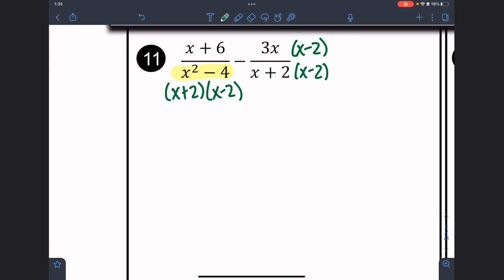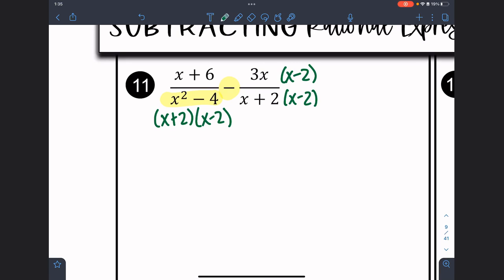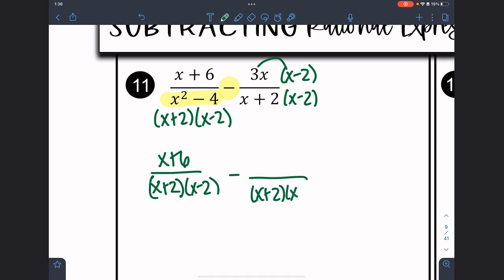You want to factor. And also pay attention to this subtraction sign, okay? So I'm going to write this out kind of in a long way, so that way I'm not accidentally losing my negative here. So I have x plus 6 minus, I am going to expand this though. 3x times x is 3x squared. 3x times negative 2 is negative 6x.